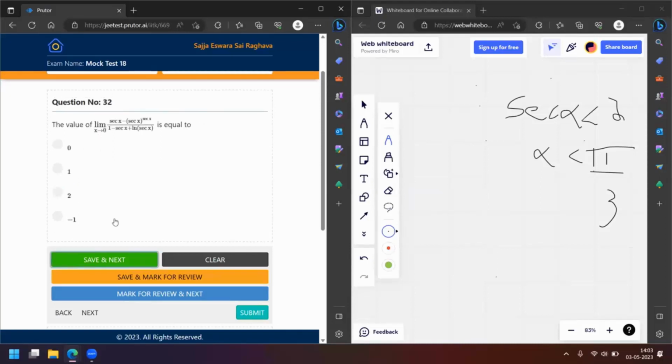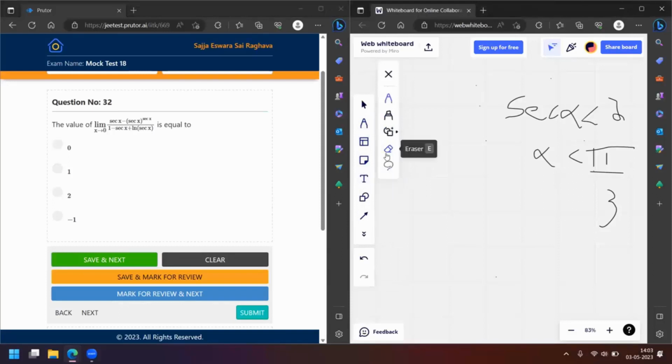So we have to find the limit of this question. Limit x tends to 0, secant x minus secant x power secant x by 1 minus secant x by secant x. So let's substitute 0 and check which type of function this is. In the numerator secant x is equal to 1, so 1 minus 1 over 1 is 0.